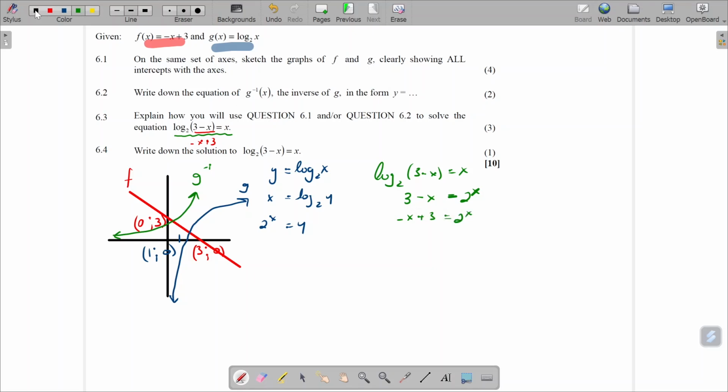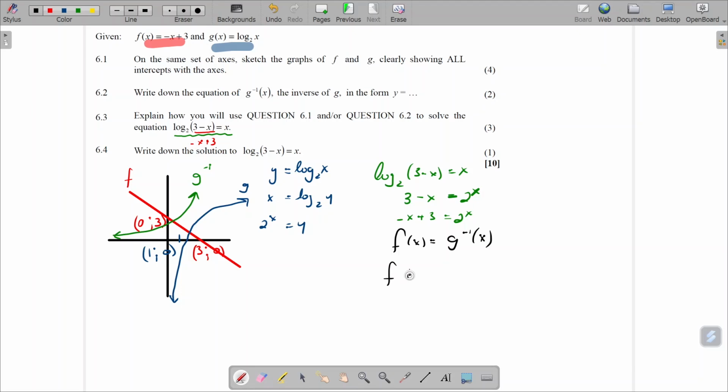In other words, what they're asking is, where does f of x equal g to the minus 1 of x? Okay, so explain how I'd use it. Having rewritten it here, I now am looking for where the functions f and g to the minus 1 intersect.